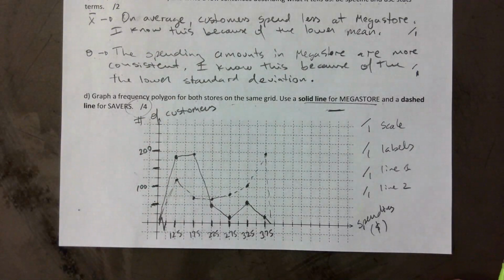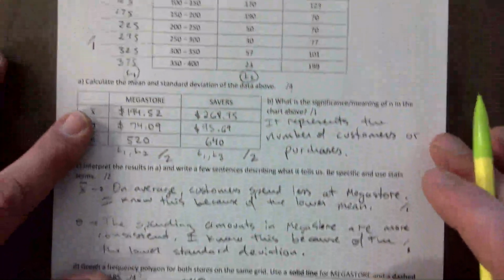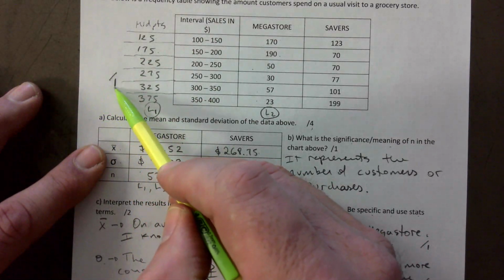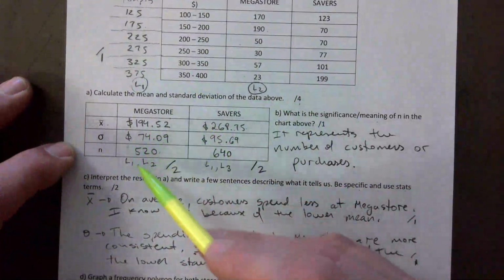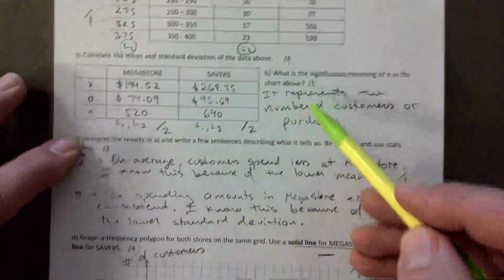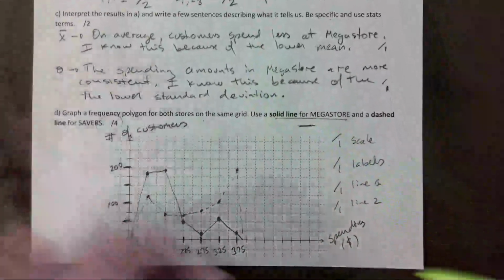Okay, so this backside is worth, hold on, it's a little messy, I know, but that's okay. Today it's about learning how to get better, right? So 1 for the midpoints, 4 for figuring out all of this, so that's 5, 6, 7, 8, and another 4, that's 12.